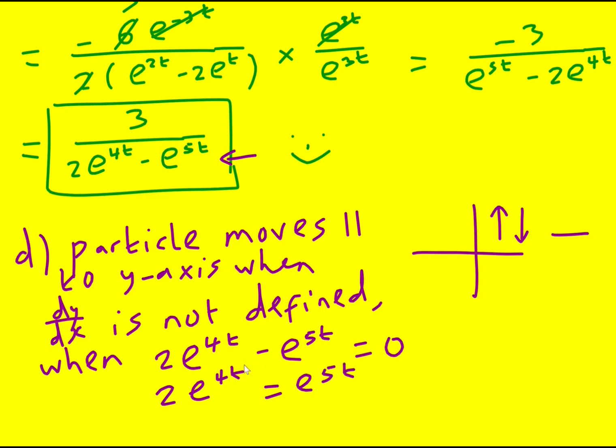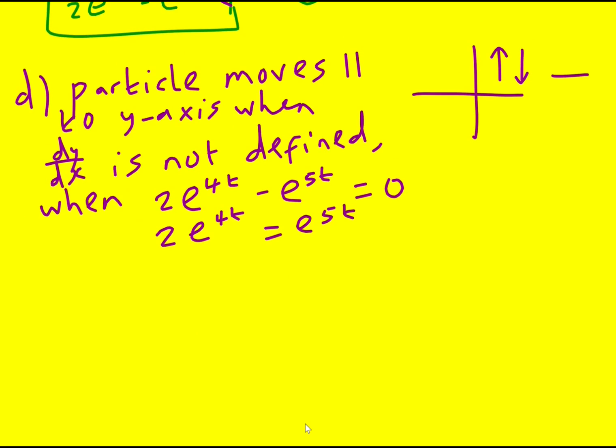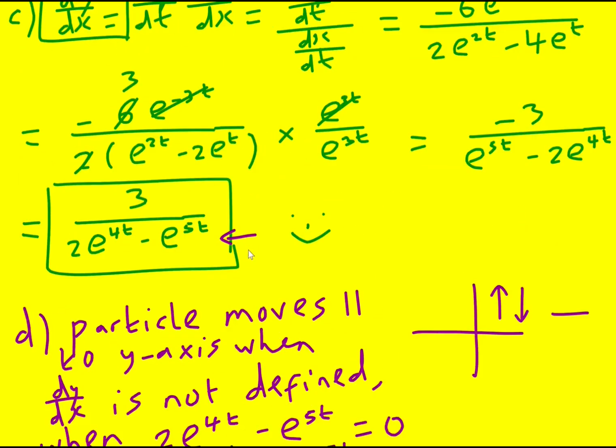Now remember, these exponentials can never equal 0, so I can just divide by them with no problem. Like when you divide by sine x, you have to think about whether sine x could be 0. But here I can just get 2 equals e to the t, because I'm dividing by e to the 4t and then just using my rule of indices, subtracting the 4t from the 5t, which means that t is going to be ln 2. I'm going to leave it exact.